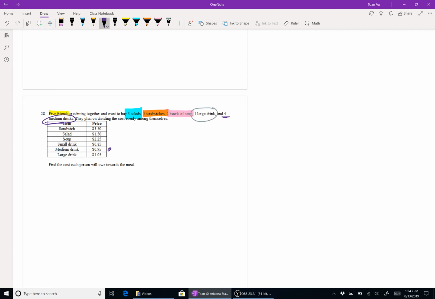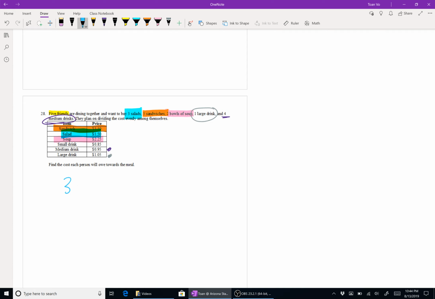Well, we have the medium drinks here, the large drink here, the bowl of soup here, the sandwiches here, and the salads here. So all I've got to do is basically put the numbers together.